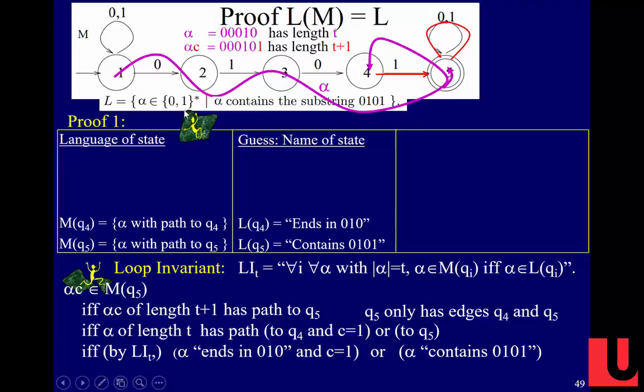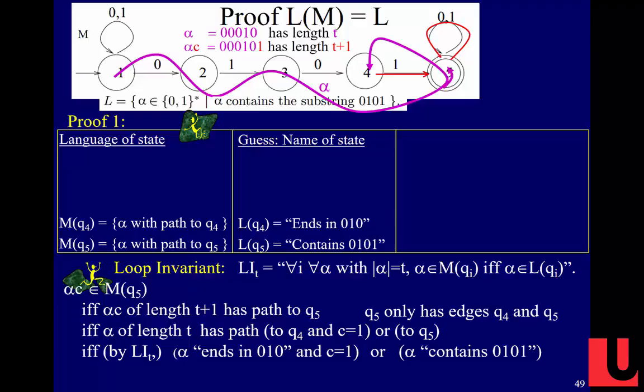Similarly, if alpha has a path to Q5, then alpha is in MQ5, and hence by the loop invariant, because it's only of length t, it's in LQ5, and hence it contains 0, 1, 0, 1. Does that make sense? And in this case, C is a 1, and in this case, C could be anything.